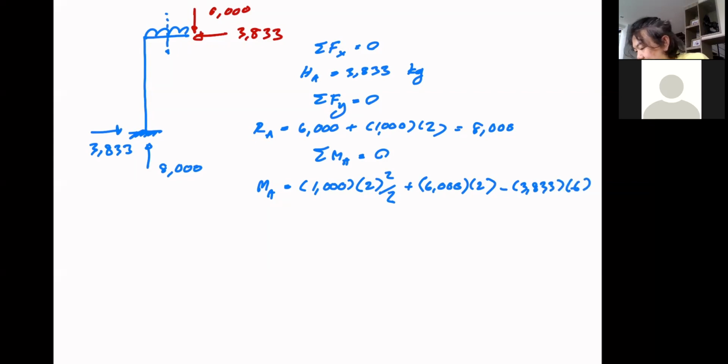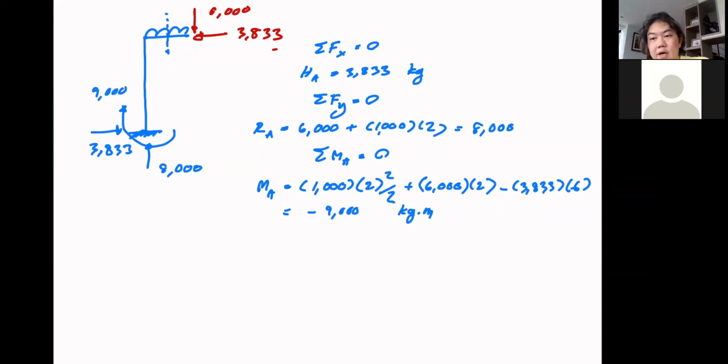Okay, so that's MA. Again, my sign convention is wrong, so it's minus 9,000 kilogram meter. Because this counterclockwise moment generated by this is greater, so you need this moment. So this is the correct direction of the moment, 9,000. Okay, so now everything is completed.